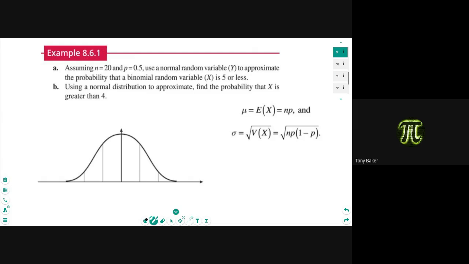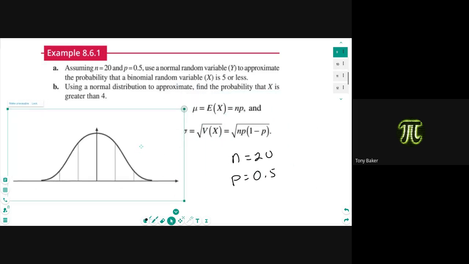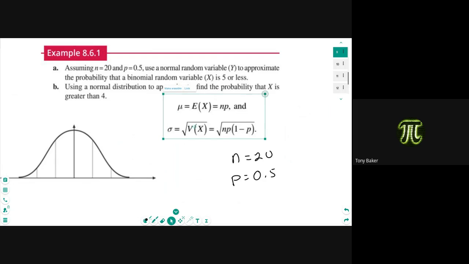That's the probability of success. So for this, N is 20 and P is 0.5. Those are the two values that they're going to give you. We now need to find my mean and my standard deviation. So mean, I'll do that in a second.